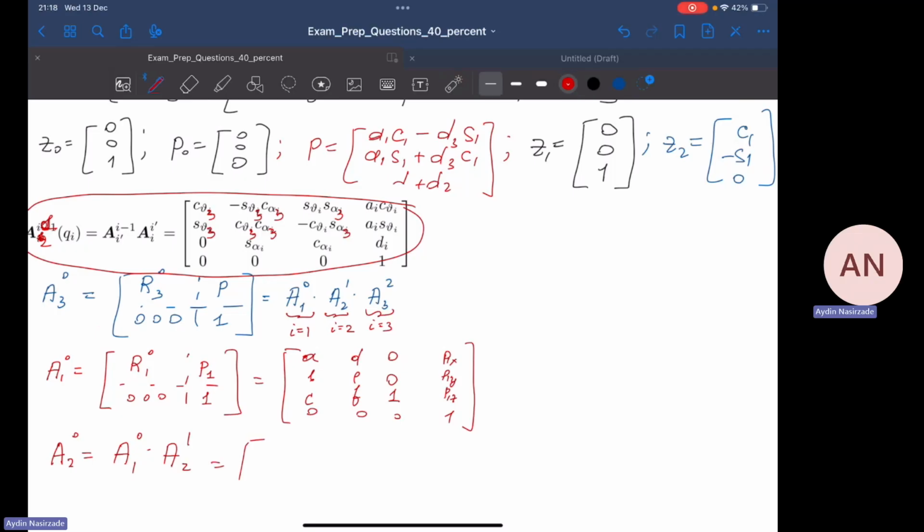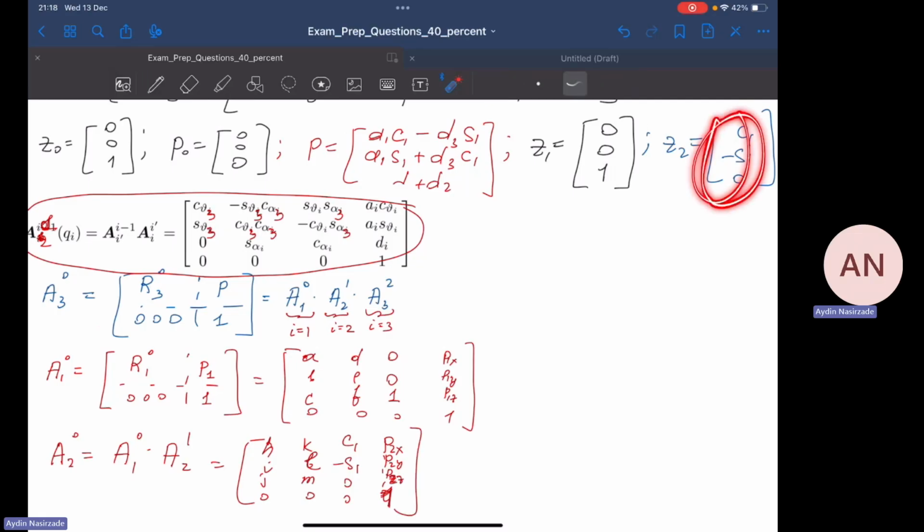You will get something like A, B, C, D, E, F, G, H, I, J, K, L, M, 0, 0, with cosine of theta 1, minus sine of theta 1, 0, and P2x, P2y, P2z, and 1 here. Again, I promise you, you are going to get the same result as you did in the geometric inspection. The results will be the same.